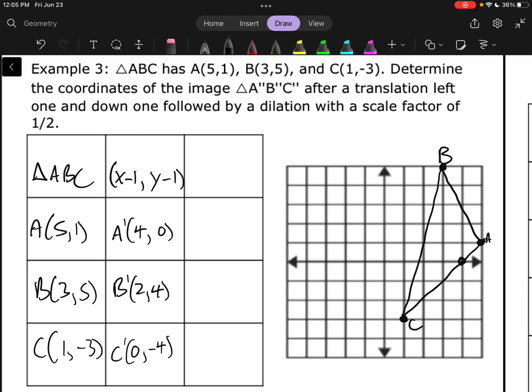So 4, 0, 2, 4, and 0, negative 4. Okay, so that looks like this.